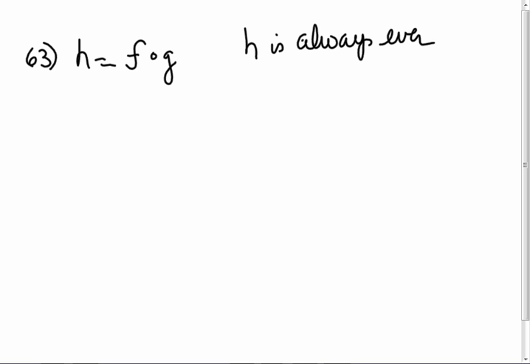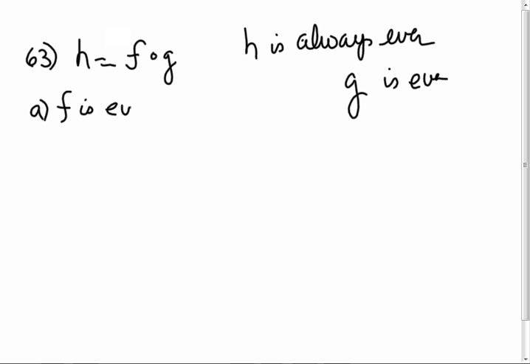Okay. It says on 63, G is even. What's it say about F? And H is equal to F. Oh, is H always an even function? Well, what can happen? You have three cases, right? A, F is even.